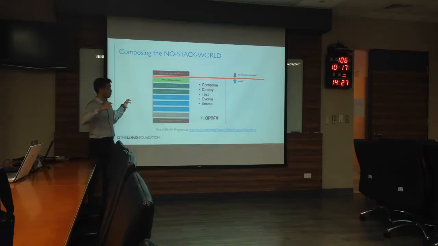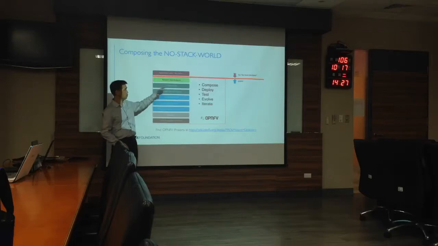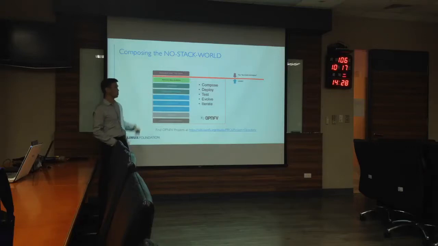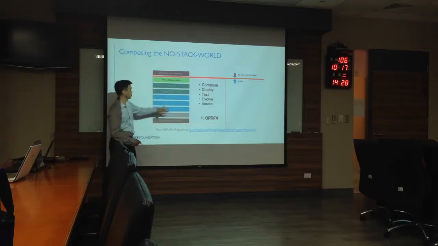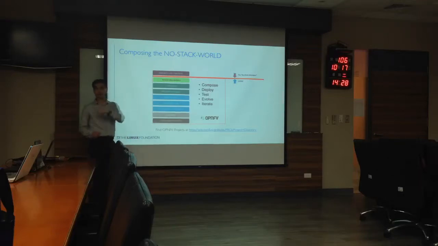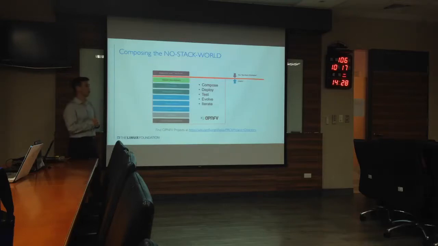What we do is compose these into a scenario, deploy them on bare metal, and test them. If we find bugs or want to add new features, we continue to evolve that particular scenario, and we do that over and over again. This is what OPNFV contributes, and if you're providing an application layer or a VNF, you can, in theory, deploy on top of it and just make it work.